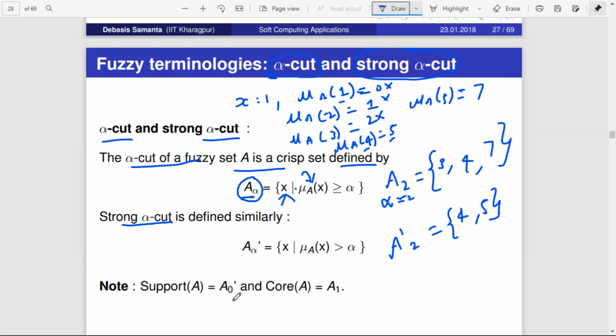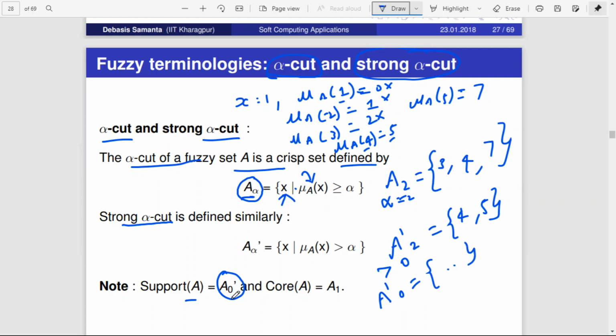Now recall the first terminology we discussed, which is support. Support represents all values of x whose membership function is greater than 0. So support of A is nothing but A dash of 0, because A dash represents strong alpha cut. Strong alpha cut of 0 means whichever x has a membership function value greater than 0 will come under this.